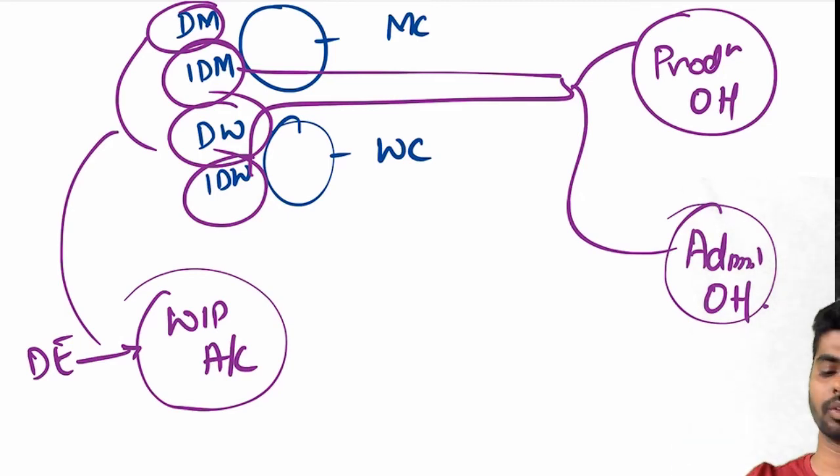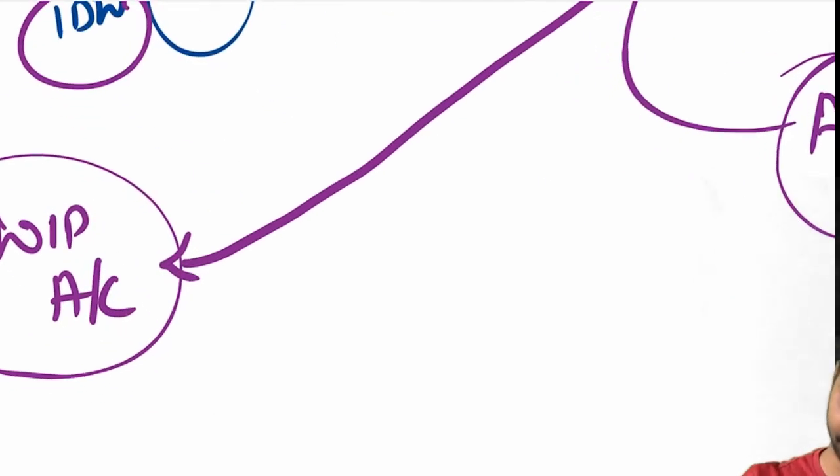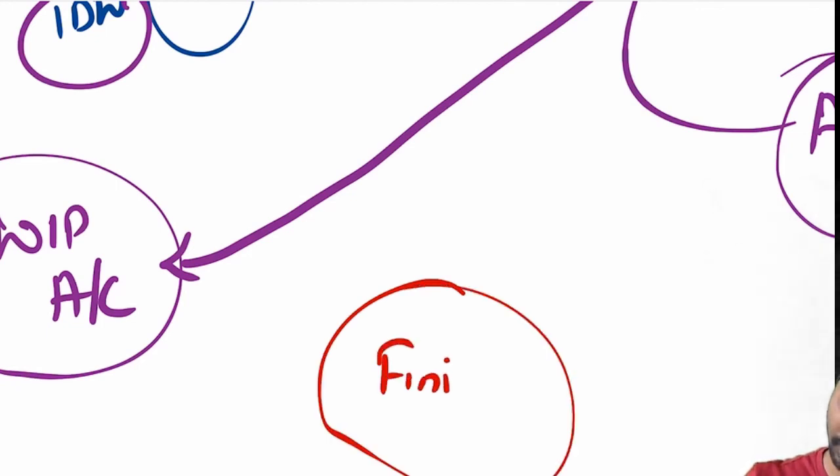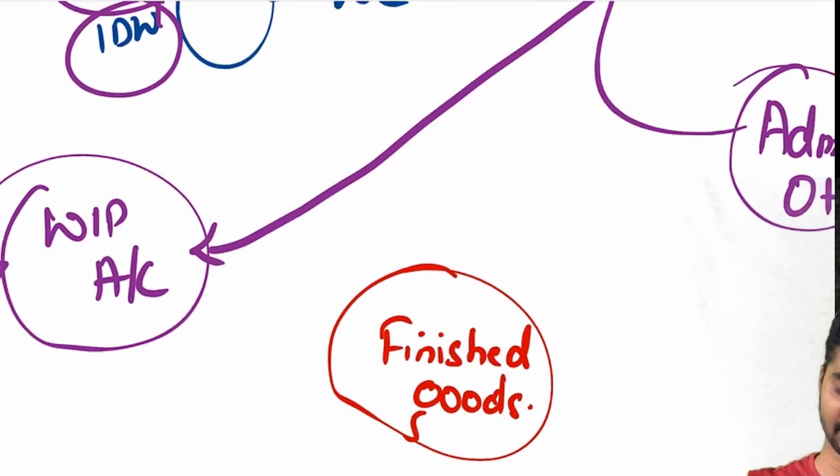Now we learnt in overheads that we shall be using a predetermined rate. So from overheads I will transfer this to production overheads to WIP, because only after it gets WIP plus my direct expense plus my production overheads will become a new thing called finished goods. So now what happens here?